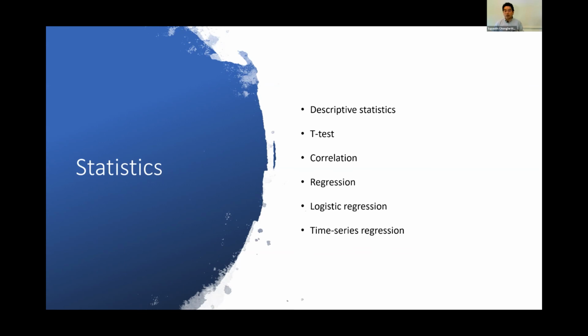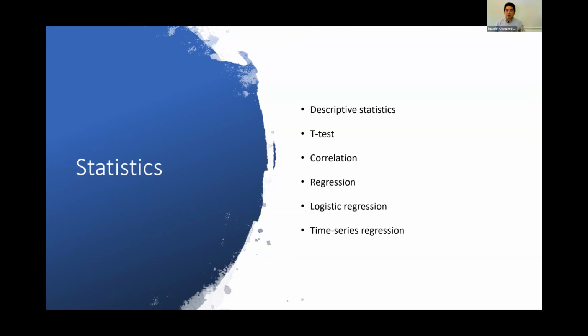And from these patterns, we move on to the next step in statistical analysis. By the way, in order to detect differences in means, we use the t-test. And in order to seek the patterns, we use correlations.